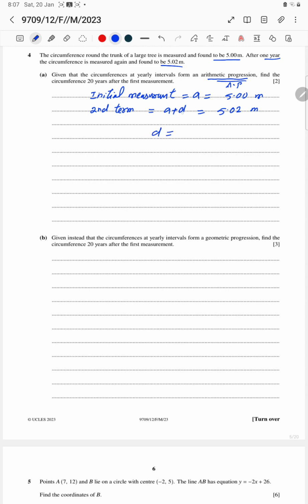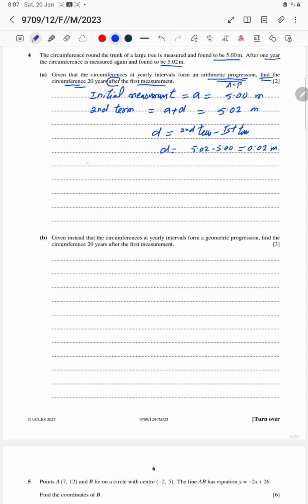First, d will be the second term minus first term. Then we will get d is equal to 5.02 minus 5.00, 0.02 meter. We have to find the circumference 20 years after the first measurement.